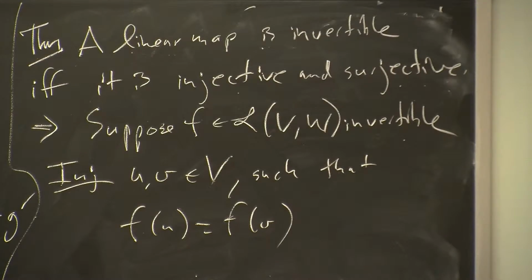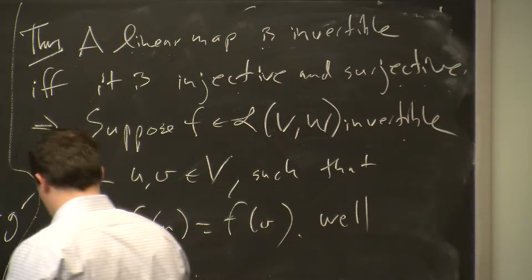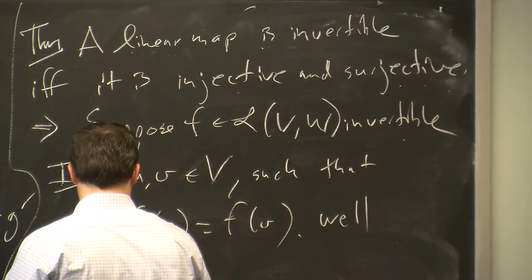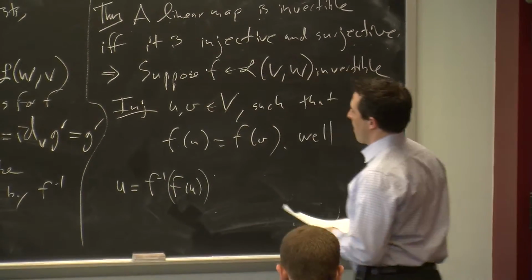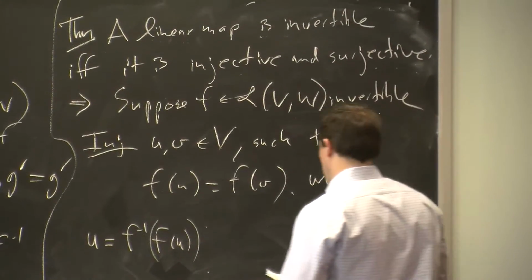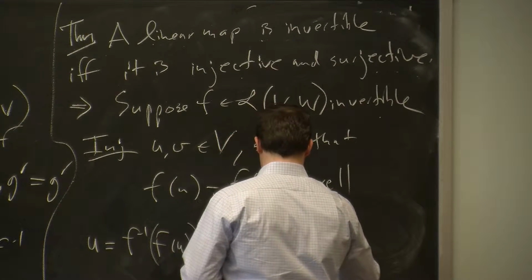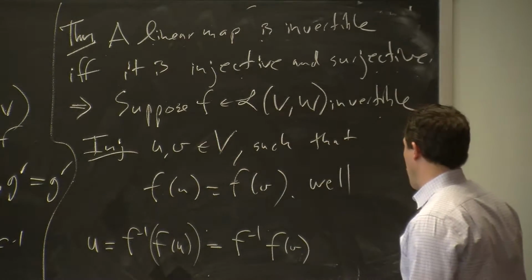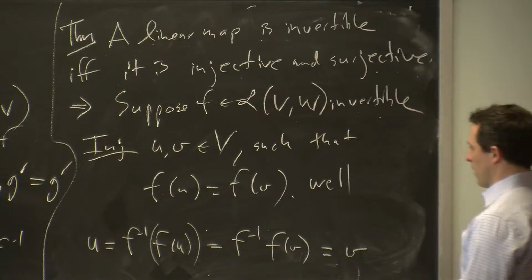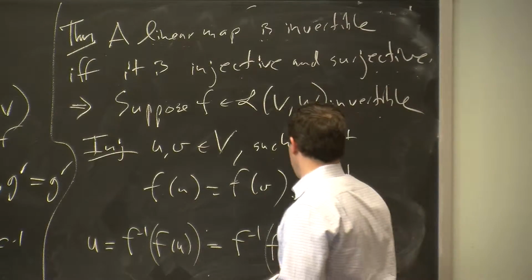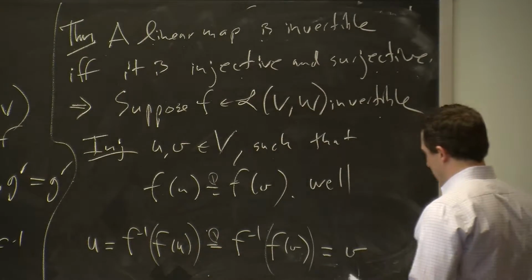And we'd like to show that the vectors must have been equal to begin with. Well, I can write U is F inverse F of U, by definition of inverse. It's equal to F inverse F of V. That's equal to V, because F of U and F of V are equal, right? This is 1, this is 1.